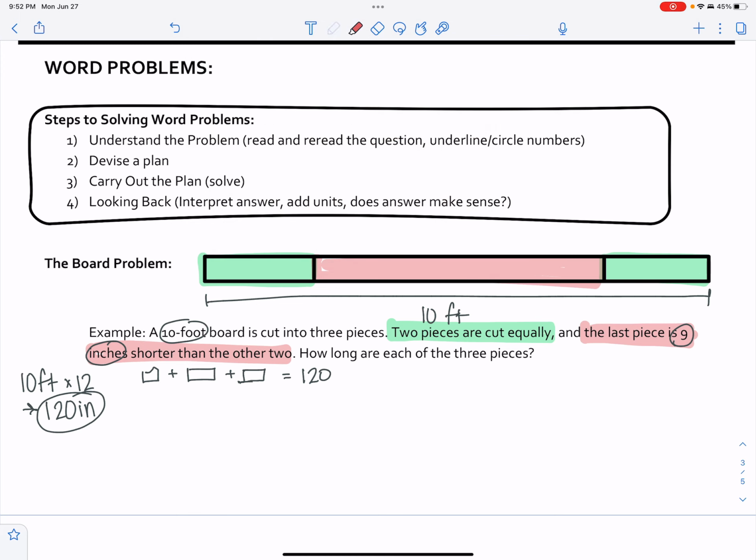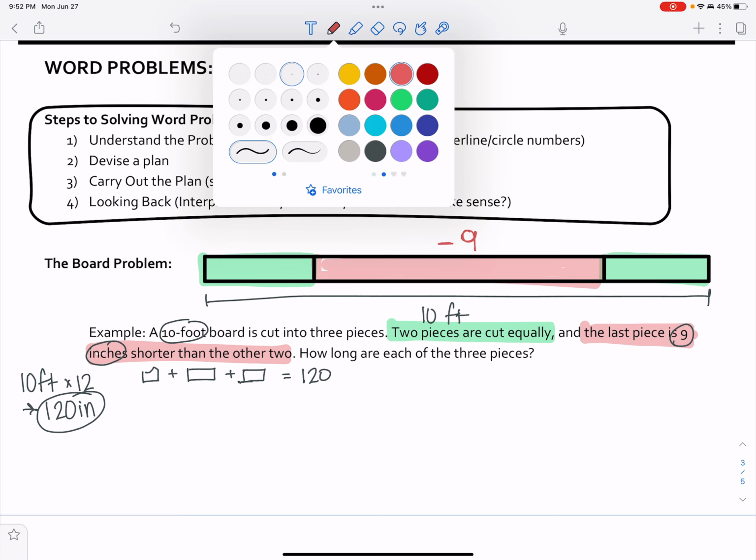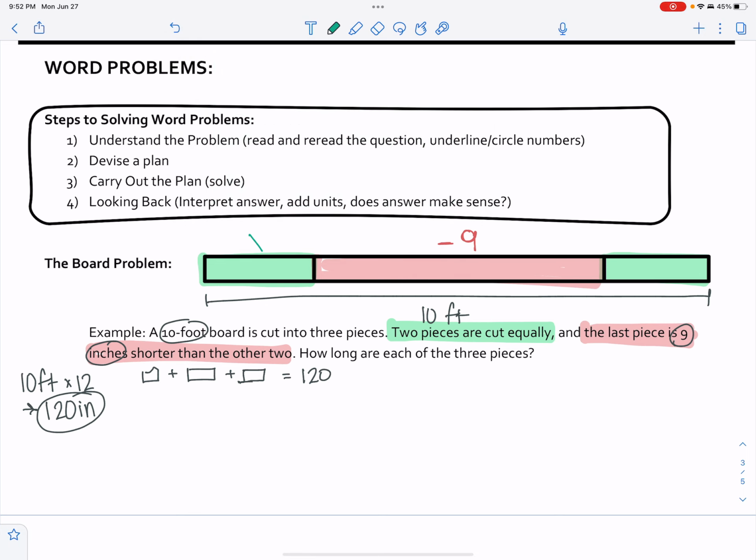So 9 inches shorter is going to mean minus 9. Well, what minus 9? The length of these 2. And since I don't know the lengths, I'm going to call them both x, and they're both x because it said they were cut equally. And so that middle piece is then going to be x minus 9, because that piece is 9 inches shorter than the other 2.